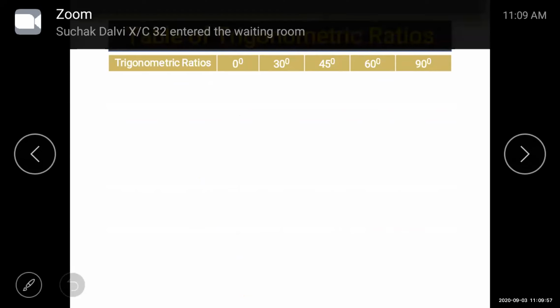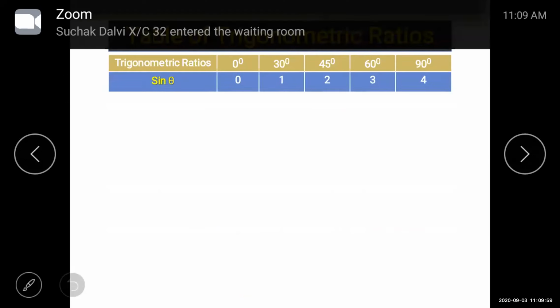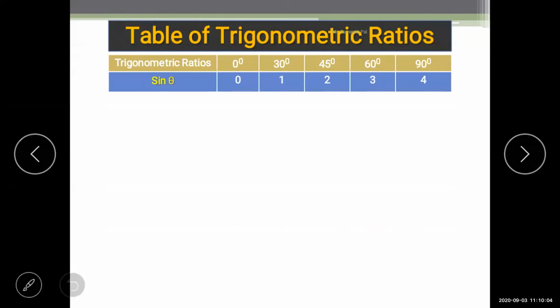Okay, then suppose we are taking sin theta. So first of all you write from 0 to 4. 0, 1, 2, 3, 4. You have written? Okay. Then what you will do? Divide it by 4.